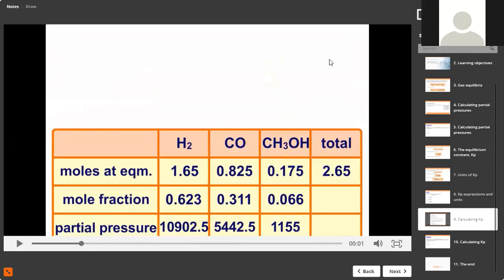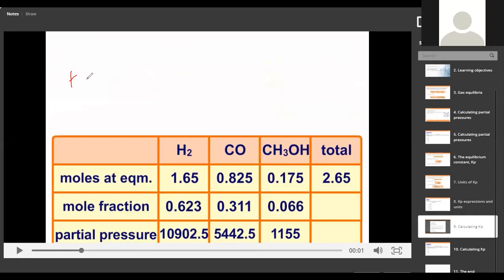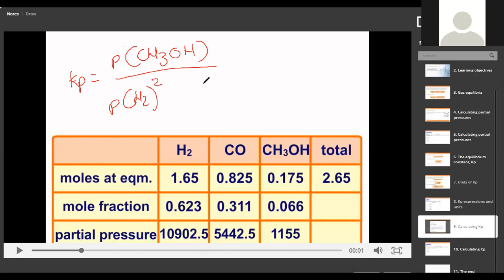So the equation for Kp in this situation would be Kp equals the partial pressure of CH3OH over the partial pressure of H2, I'm sure that was squared, and the partial pressure of CO. So that's what that should look like.